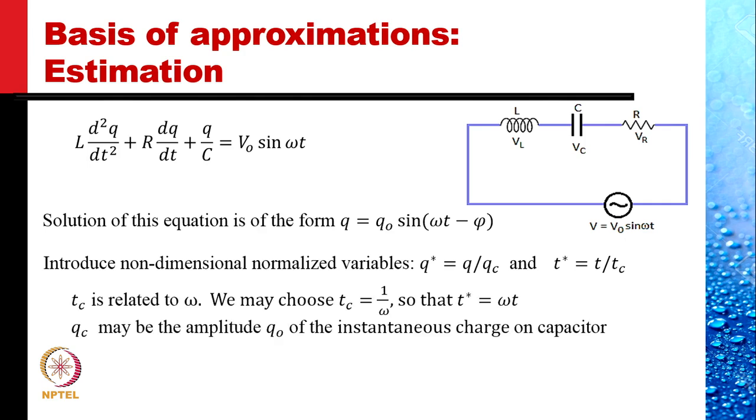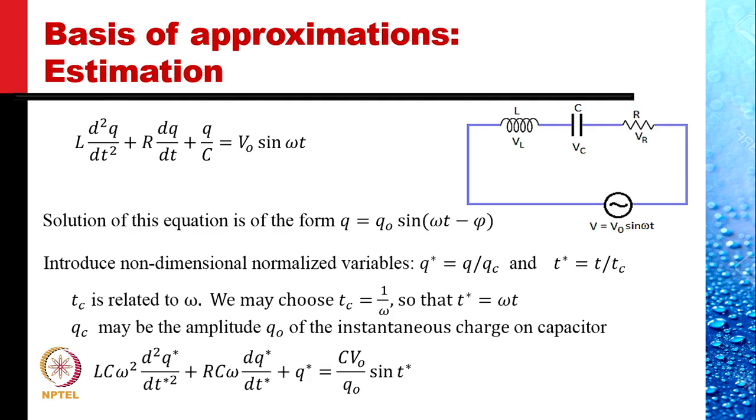The characteristic time tc must be related to omega, the frequency of the voltage that we apply. We may choose tc as 1 over omega, so that t star is omega t. qc may be the amplitude q naught of the instantaneous charge on the capacitor.